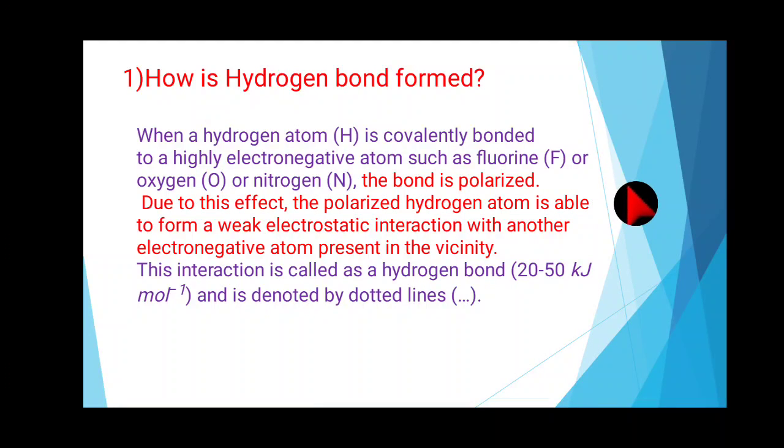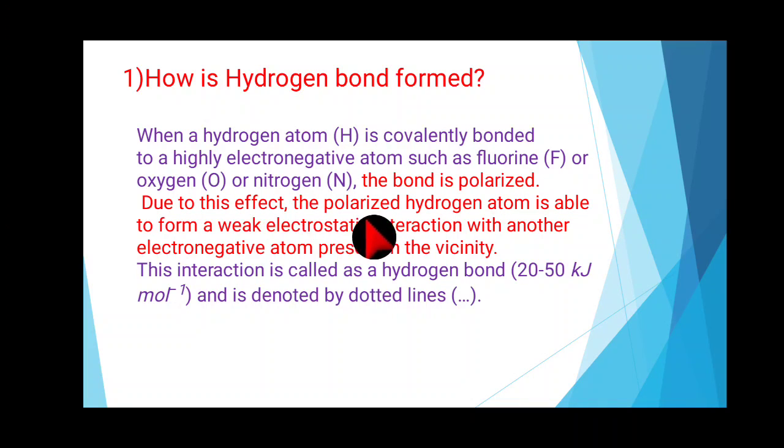Electronegativity means the tendency of an atom to attract the shared pair of electrons towards itself, right? So when any one of the electronegative atoms is bonded with hydrogen, the bond is polarized.